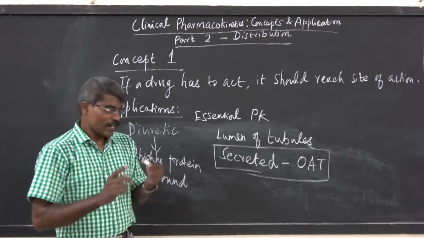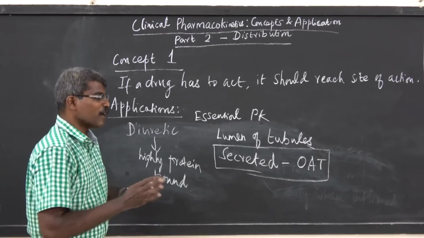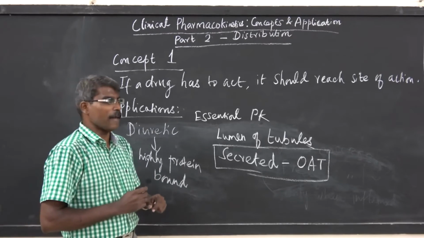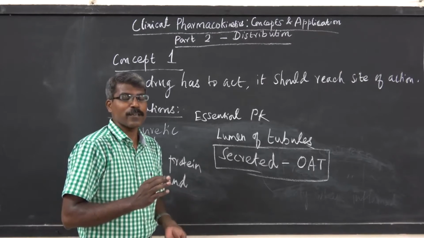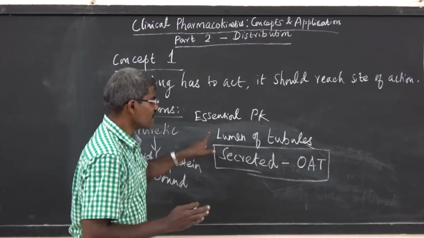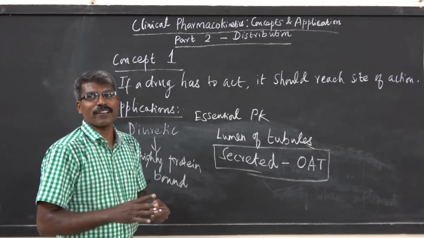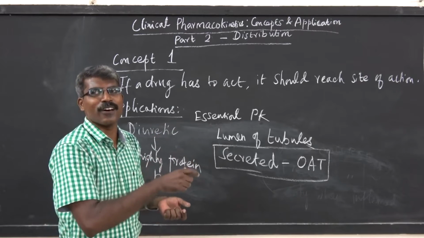action. Now, I have already told you there are rules, there are exceptions. Is there an exception to this rule? Yes, of course, there is an exception. If you look at the diuretic which does not act from the luminal side, that's the aldosterone antagonist, spironolactone, whose receptors are intracellular.